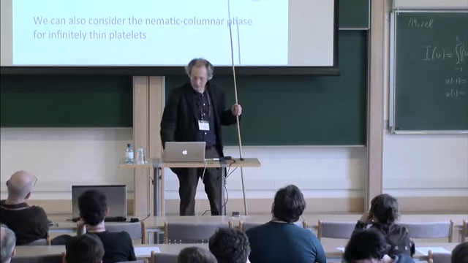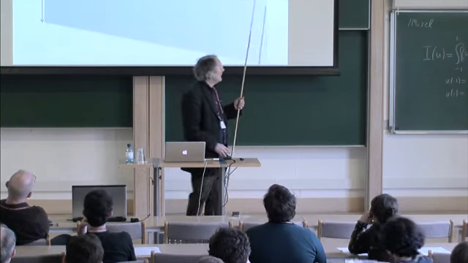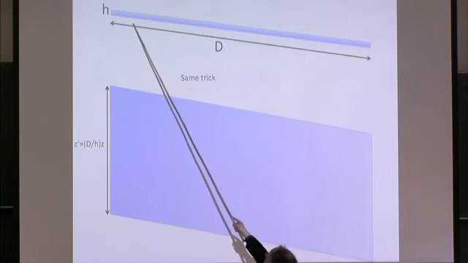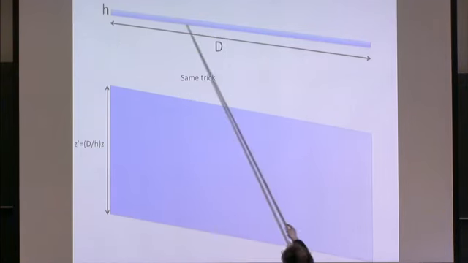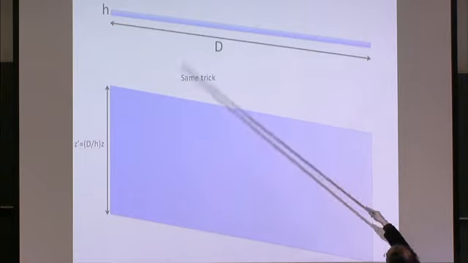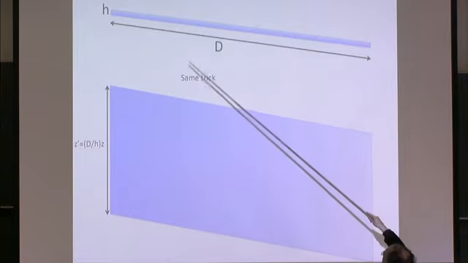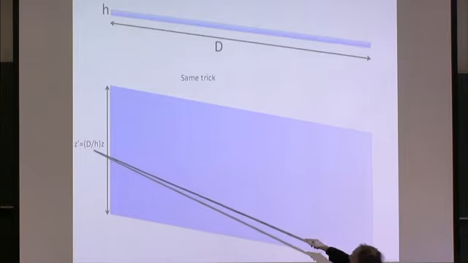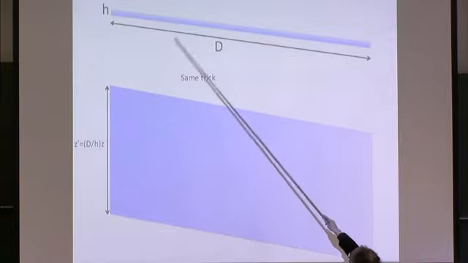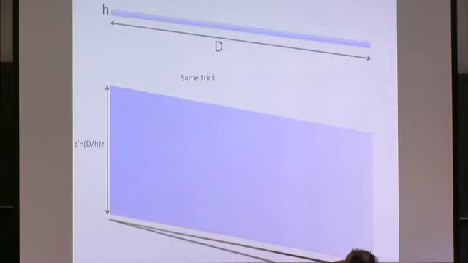So here I sketched it very roughly. Here's my disk. It has a thickness h, and now what I do is I basically take my system and I scale the z direction, I blow it up. I do an affine transformation in that direction with the factor d over h, so that this length always becomes 1.